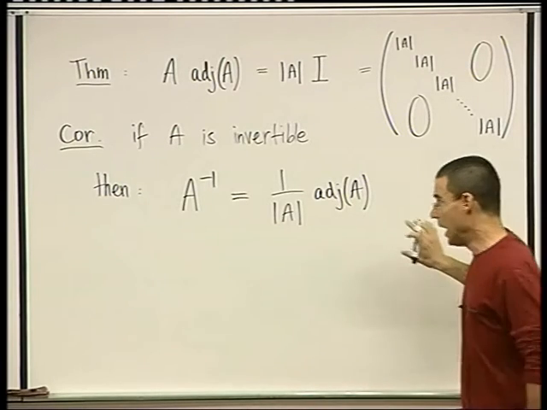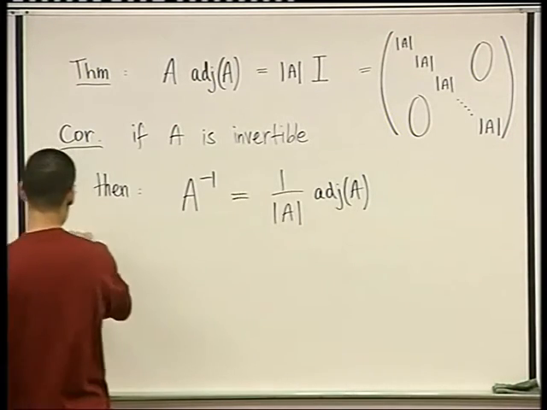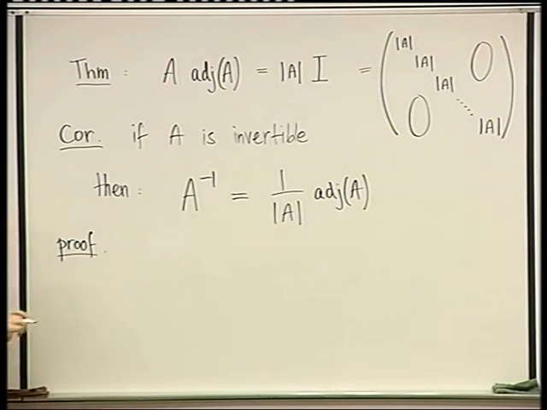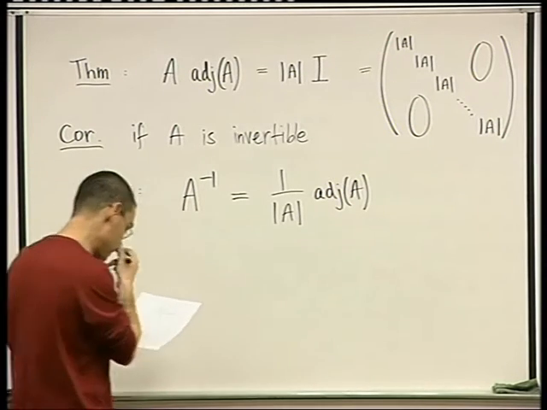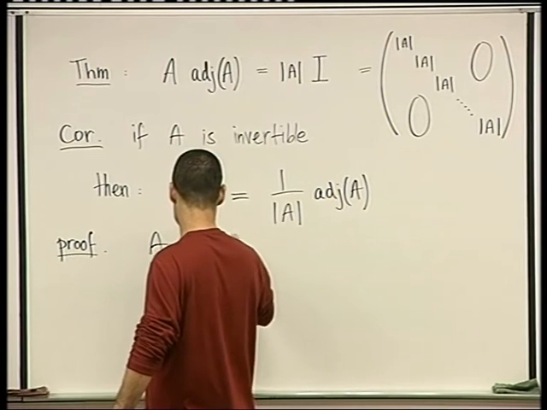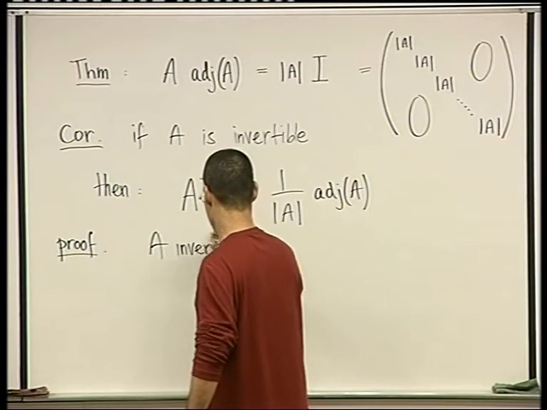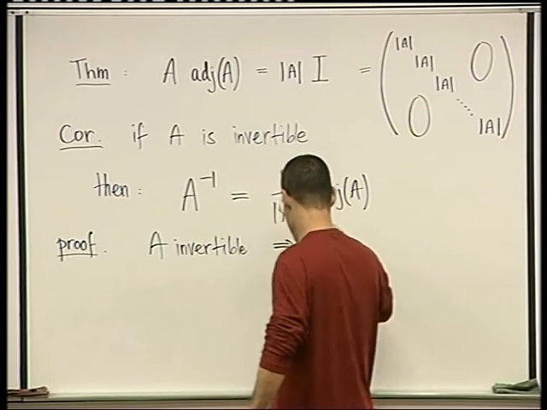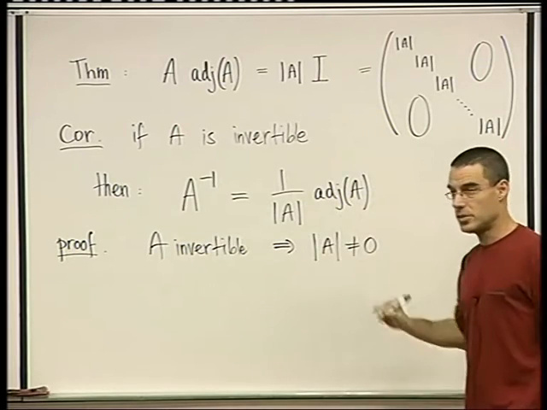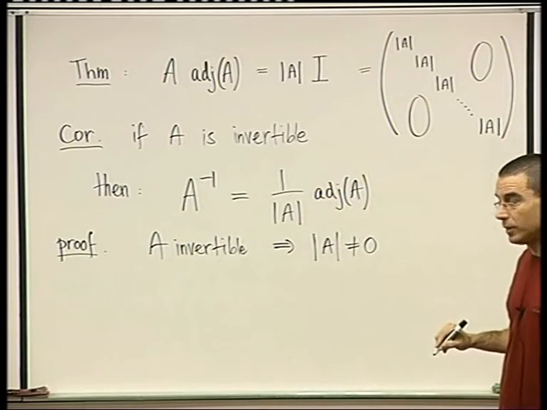So why is the corollary true? Proof of the corollary based on the theorem. Again, I'm doing the easy part, proving the corollary based on the theorem. So if A is invertible, then we know that the determinant of A is not zero. That's the statement we started this lesson with.